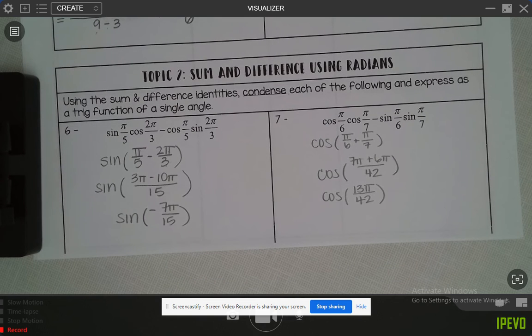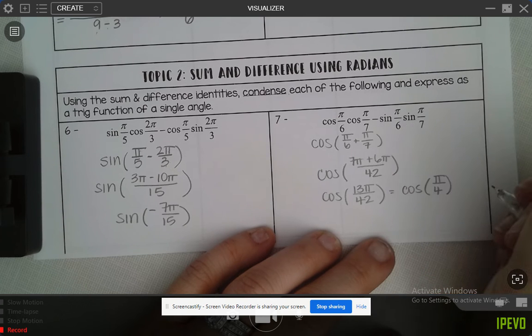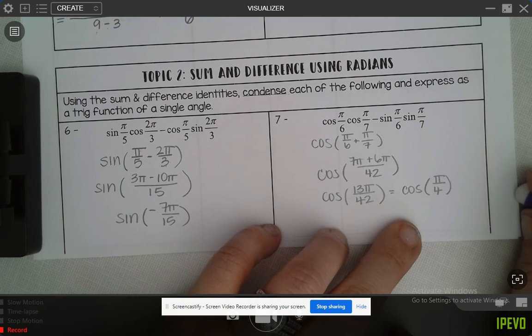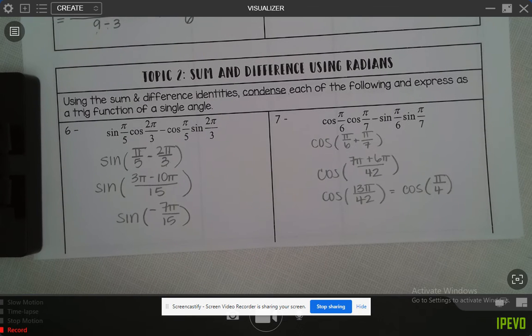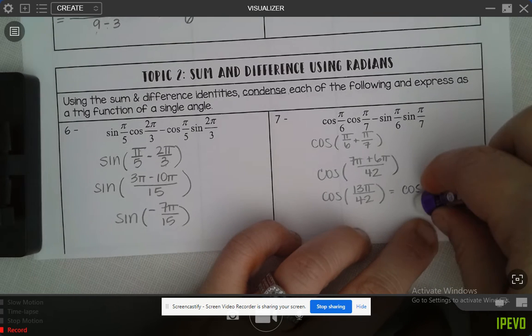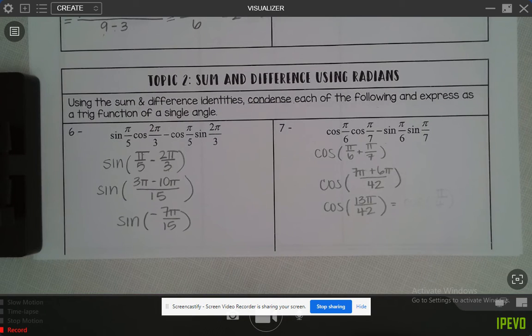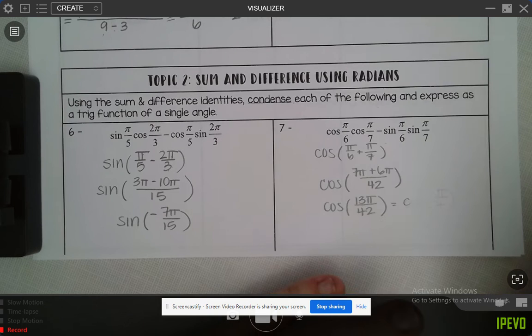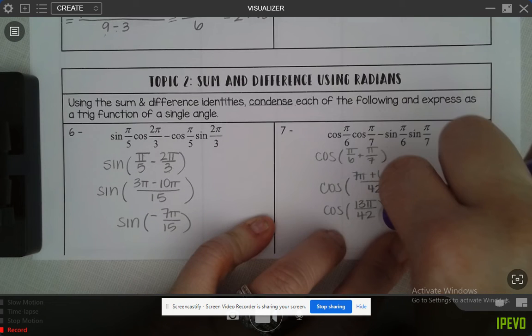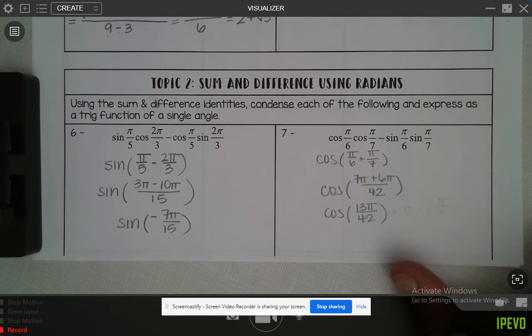No, right? No. Yeah? We good there? 6 times 7 is 42.